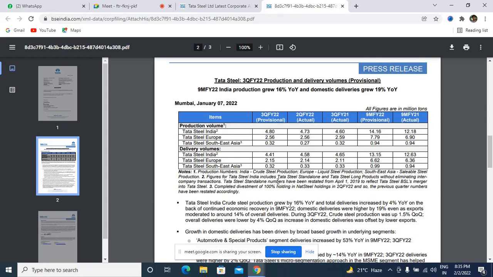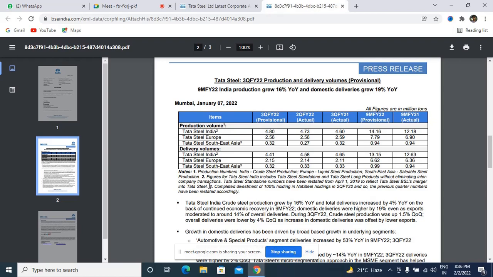And also Tata Steel standalone numbers have been restated from 1st of April 2019 to reflect Tata Steel BSL's merger into Tata Steel. So earlier it used to be only Tata Steel standalone, but now Tata Steel BSL has also merged with Tata Steel standalone, and now Tata Steel plus Tata Steel BSL has become one standalone entity. Earlier it used to be different.